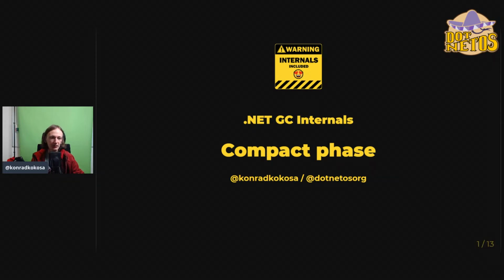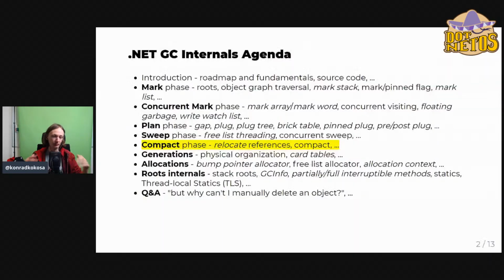The compact phase is the one that we will cover today. Just to remind you of the whole agenda, we are now probably somewhere in the middle. We have covered a lot, so we all know about mark, concurrent mark, plan, sweep, and today we will cover the compacting.